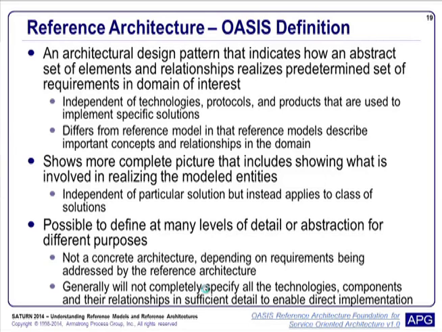The difference from reference models is that a reference model describes the concepts, but the reference architecture shows a more complete picture as it relates to how you use them. So again, it's really trying to get to the idea of a class of solutions, which makes a lot of sense for reference architecture. But you may be able to find them, again, at multiple levels of abstraction for different kinds of purposes.